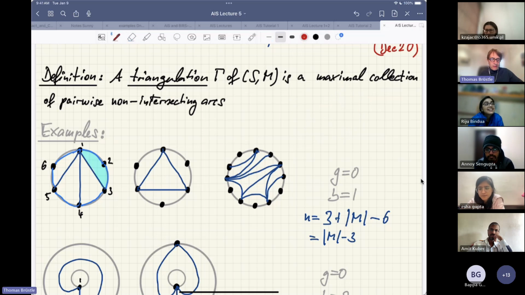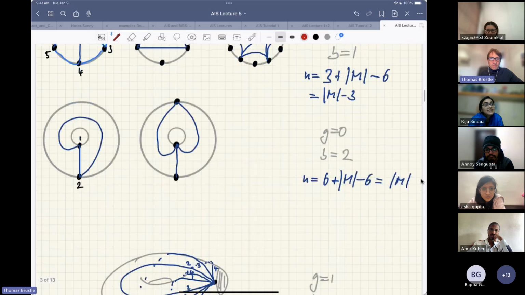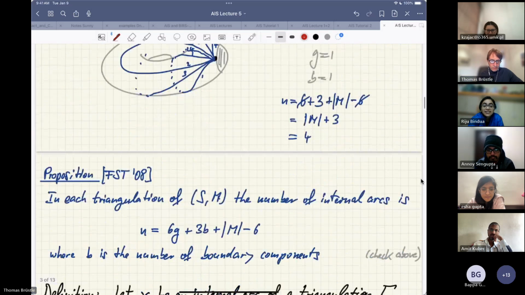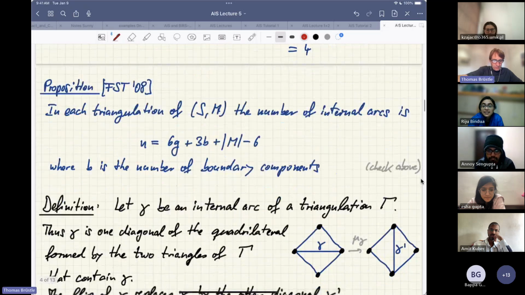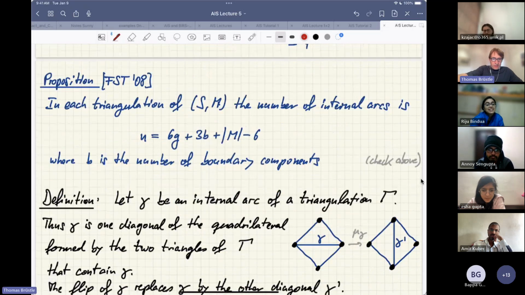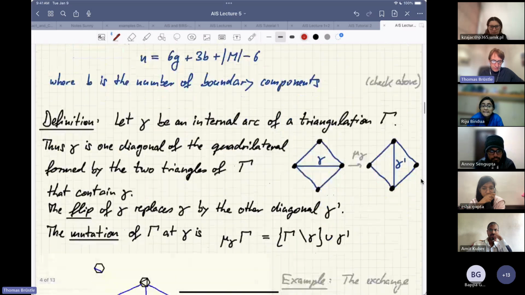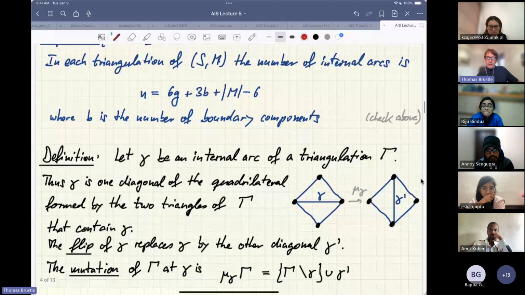Then let's move on. So there's a nice formula for the number of boundary components, and once we fix a triangulation, we are interested now in some notion of mutation. The definition of mutation is the following one.